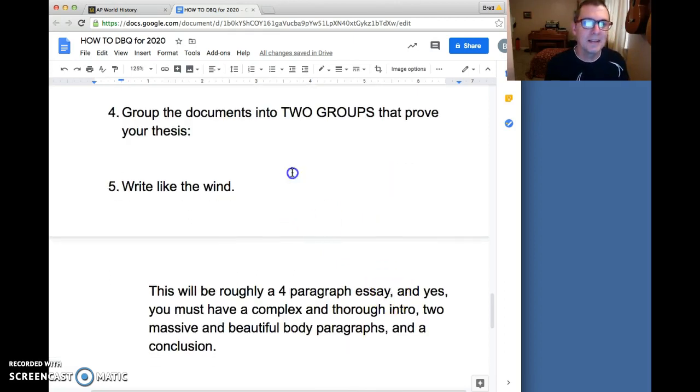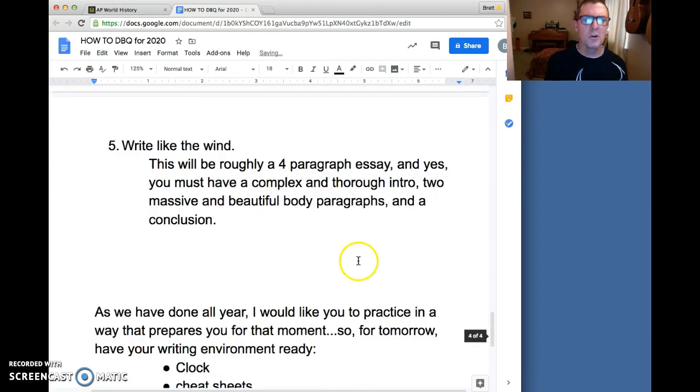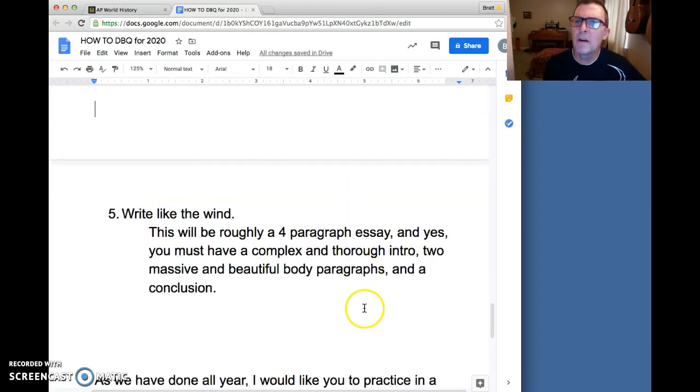And then after that, nice and easy. You're just going to write like the wind, baby. So it'll be roughly a 4-paragraph essay. You must have a complete, complex, thorough introduction, 2 massive, beautiful body paragraphs where you describe in detail every source, yeah? Where you name every source.